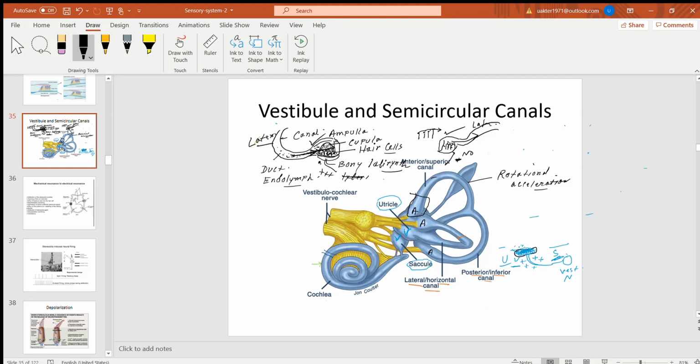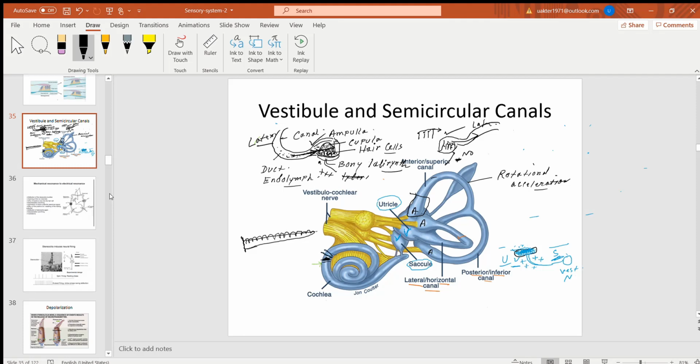The last thing that I didn't explain is that if you see inside the cochlea, you have the basement membrane, right? And if you see the basement membrane, the hair cells at different locations on the basement membrane are activated by different frequencies.